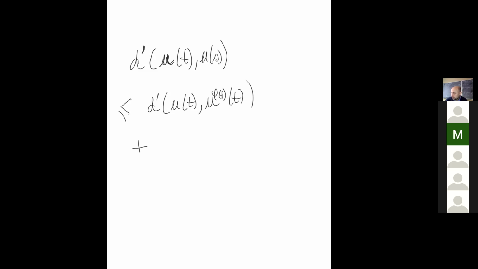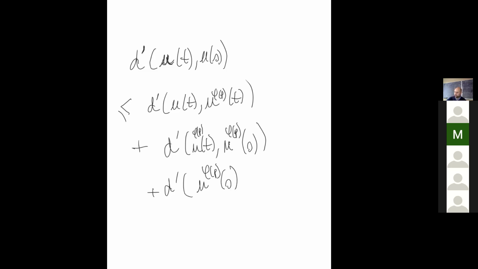Plus, and here I put the phi p of s, and then I close the loop. And here I can work with this term and forget the others.